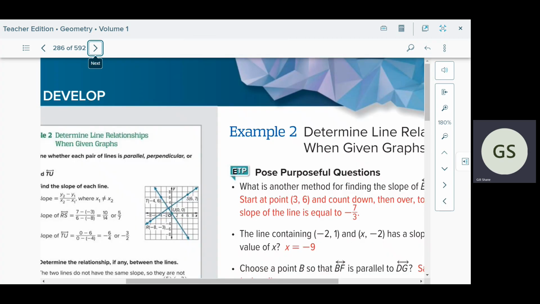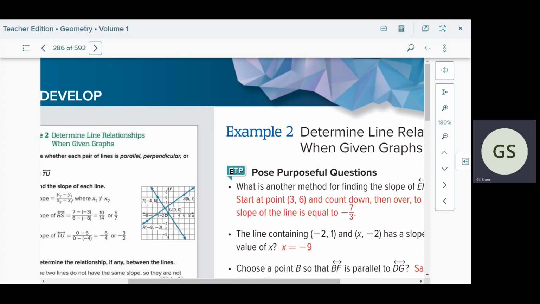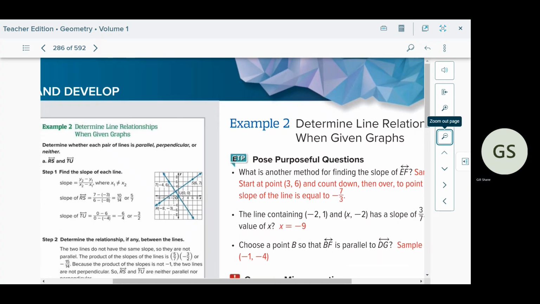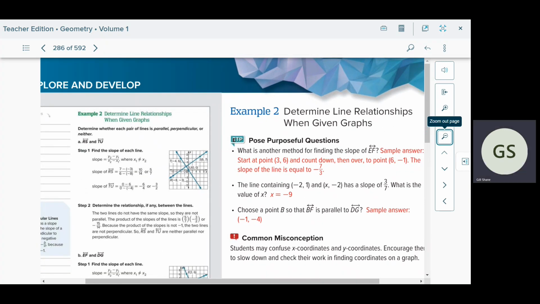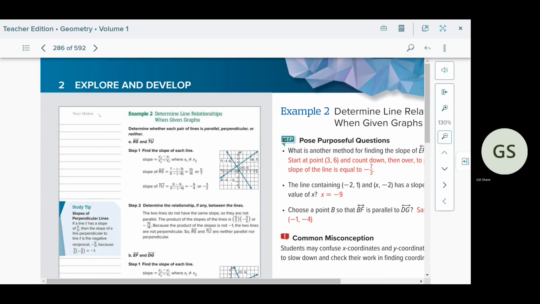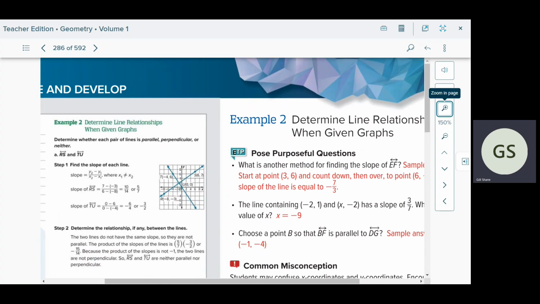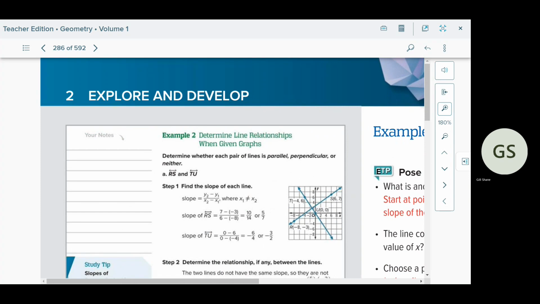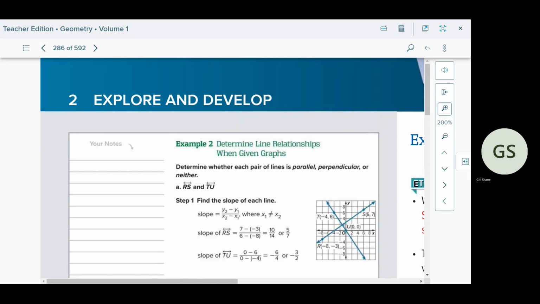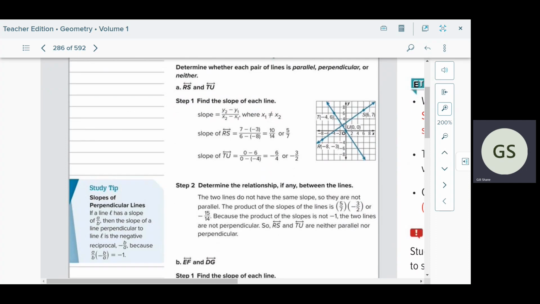So now example 2. Oh, I have to zoom out. Hold on a second. There. So this is what's in your book pages.